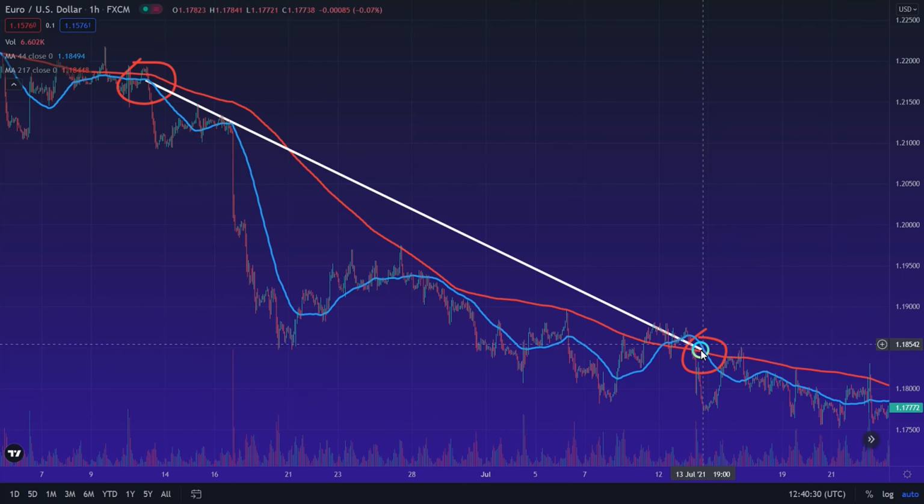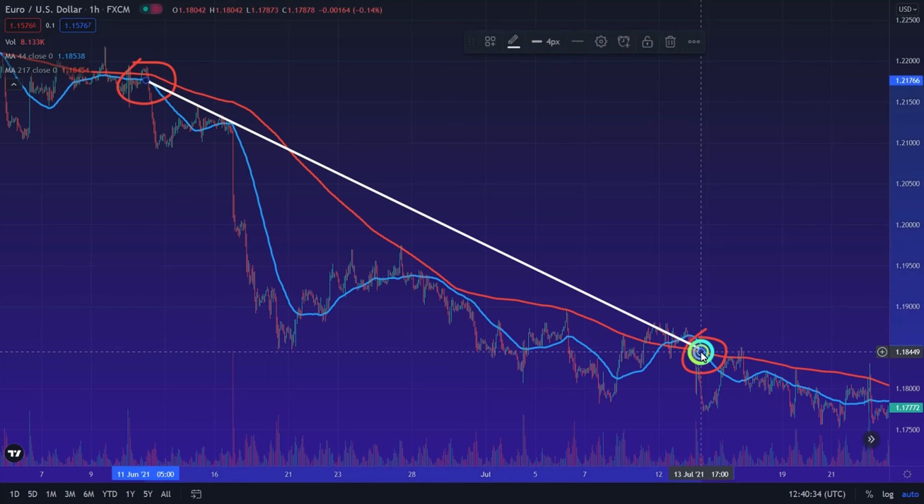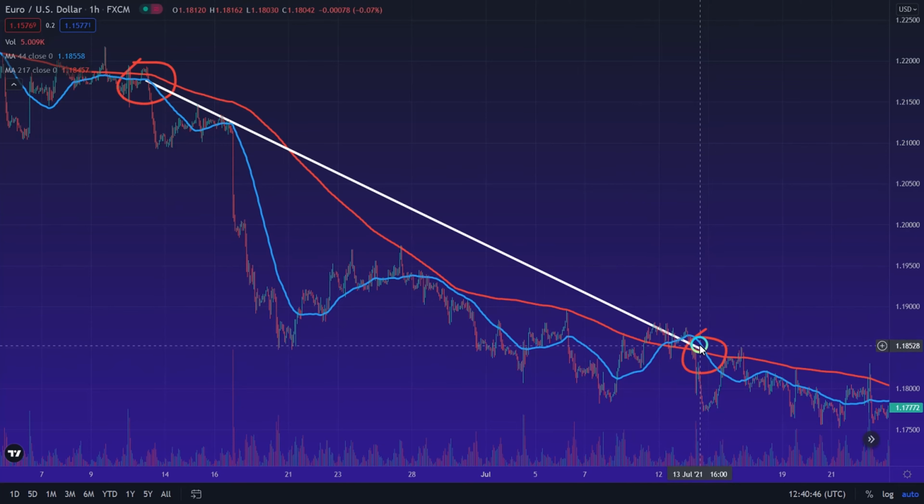So we have all the necessary things to actually close our trade. And before this, we haven't had a good opportunity to close it based on this strategy. And it is really important to stick with your strategy, because that is the only way to maintain profitability in the markets.